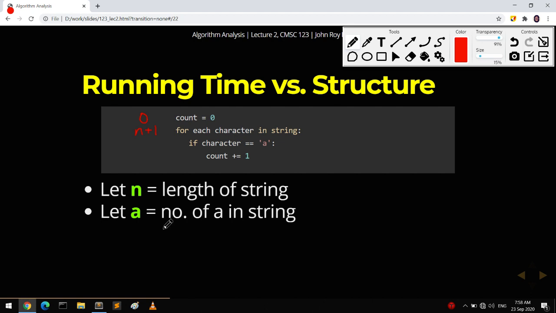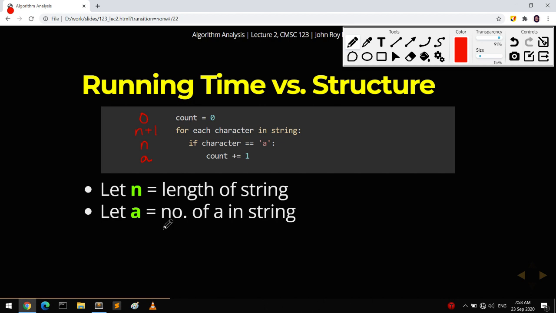How about this one? If character is equal to A, this line will be run n times because the inner part of the loop will run n times, 1 for each character of the string. Finally, count plus equal to 1. How many times will this be run? It's not n times because it will only be incremented if the character is equal to A. So this will actually be run A times because A is the number of A's in the string.